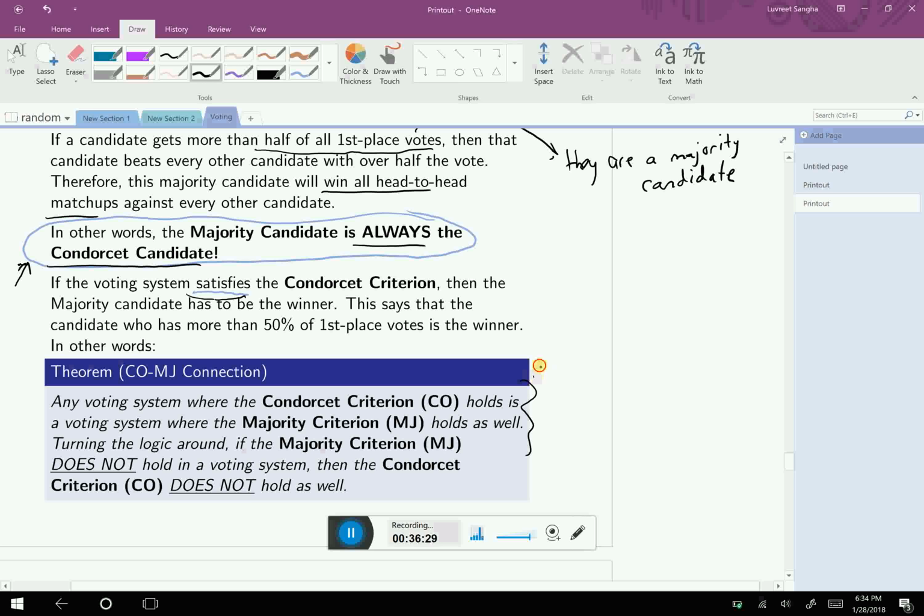So the reason for that is, if someone is a majority candidate, they are also a Condorcet candidate, like we circled over here, because they had to have won all their matchups. They are also a Condorcet candidate.